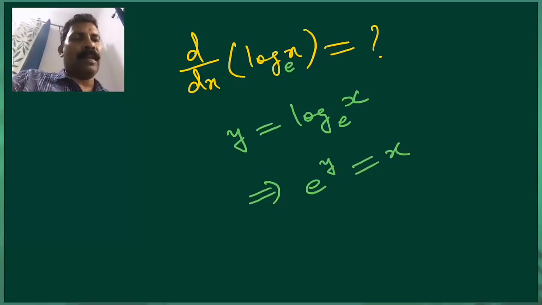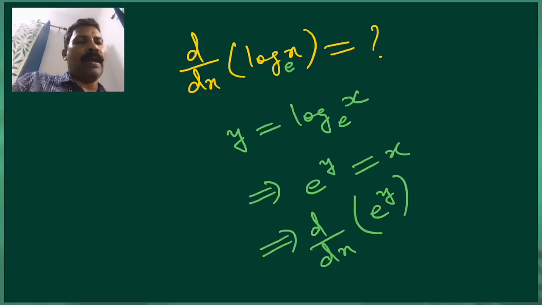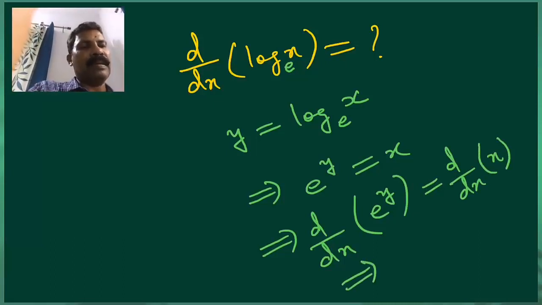That is the meaning. E power y is equal to x. So we can differentiate both sides with respect to x. That is d by dx of e power y equal to d by dx of x. Then what happened? That is the derivative.